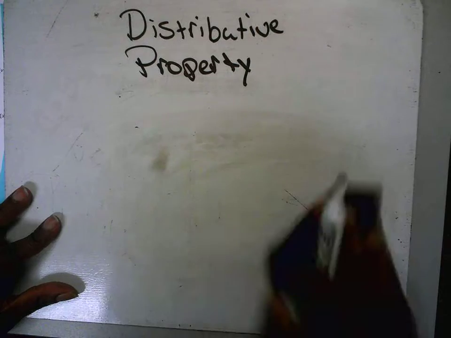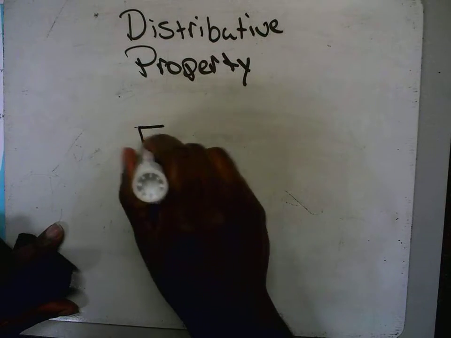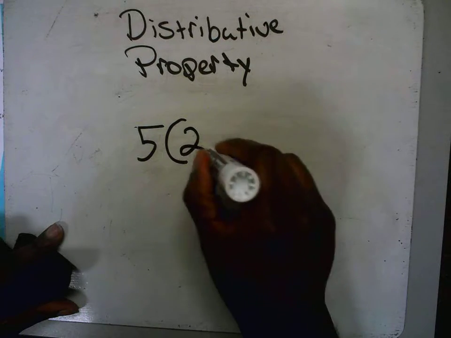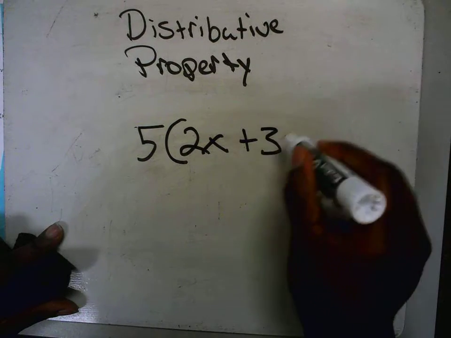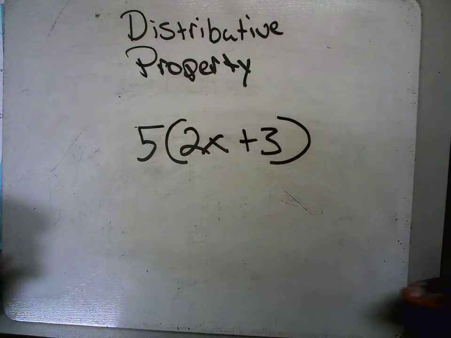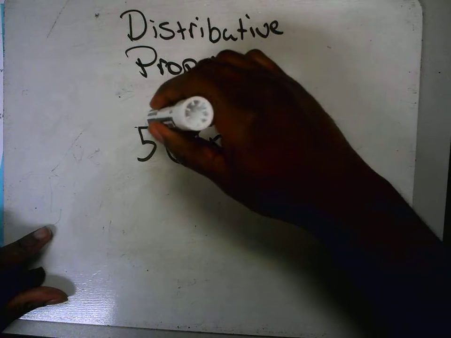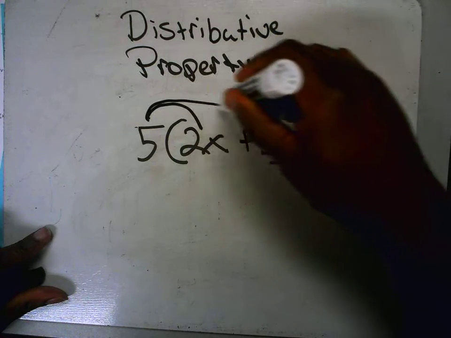So that's why the distributive property comes into play when you have 5 times 2x plus 3. Now I can no longer combine 2x and 3. That's as simple as I can make it. So now I multiply 5 times the 2x and 5 times the 3.